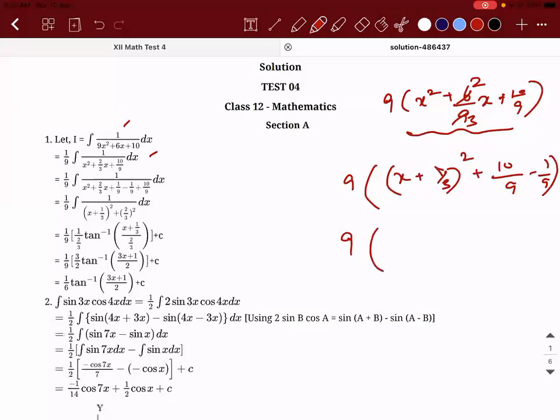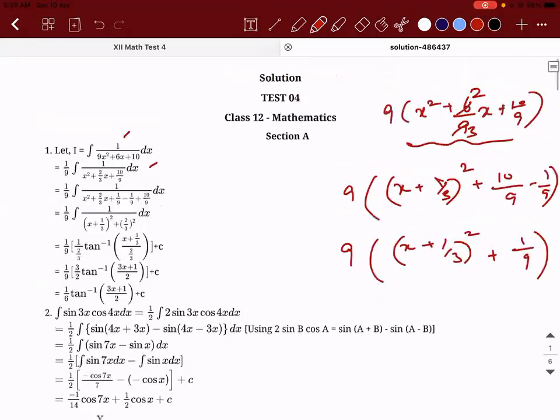So 9 into, how can I write this? It is x plus 1 by 3 the whole square plus 10 by 9 minus 1 by 9. Let me check. 9 into x square plus 2 by 3x.